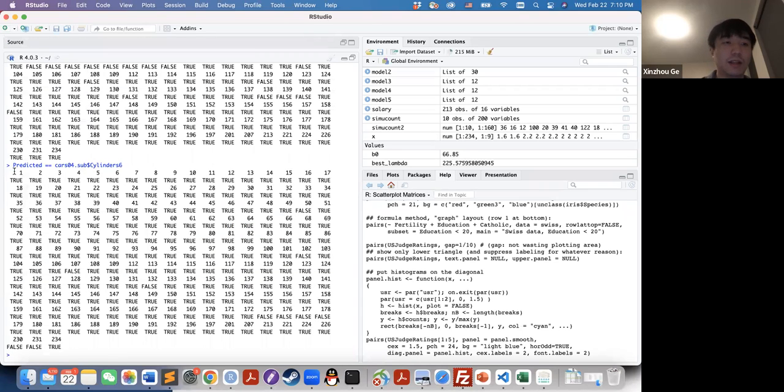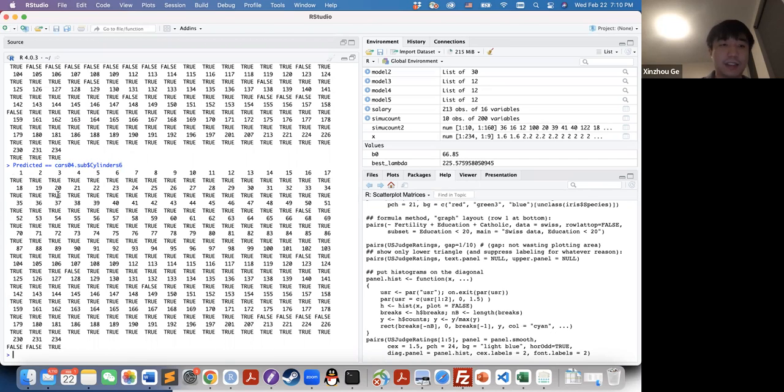So this time, true means that the predicted number of cylinders is the same as the actual number of cylinders, and false means that the predicted number of cylinders is not the same as the actual number.